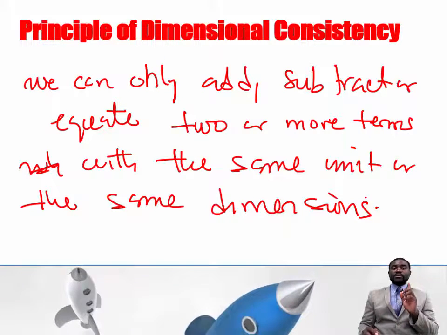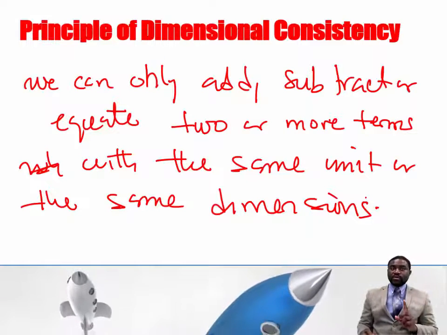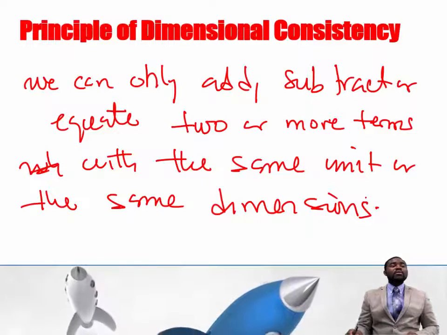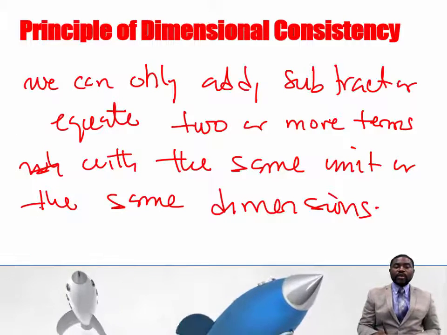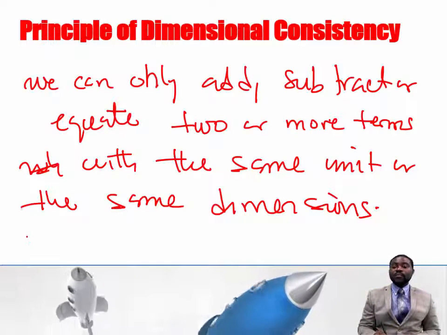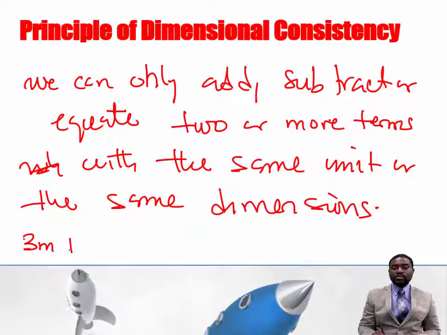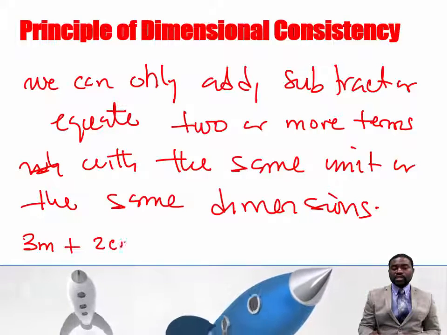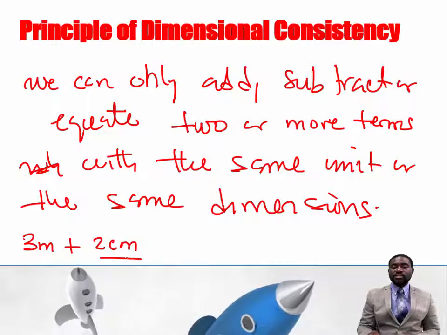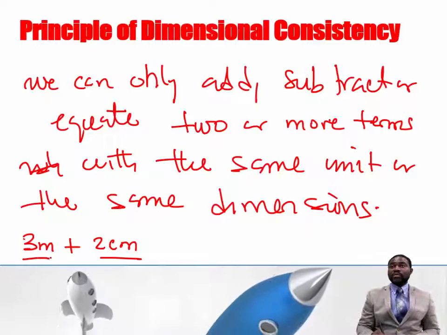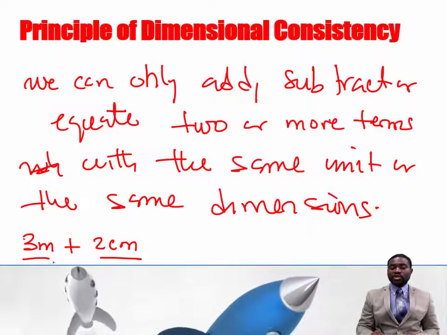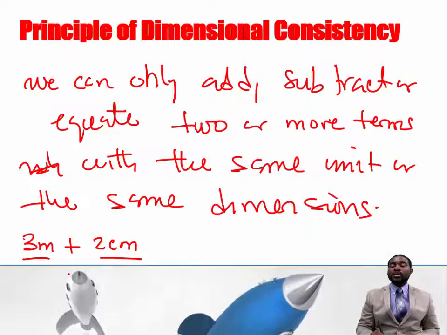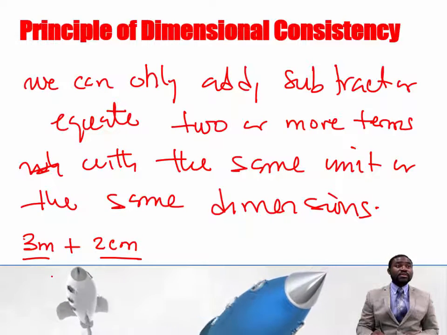Stop what you're doing, please, and concentrate here. Take, for example, if we have 3 meters plus 2 centimeters, this is super inaccurate. We cannot do this in physics, even though they have the same dimensions.